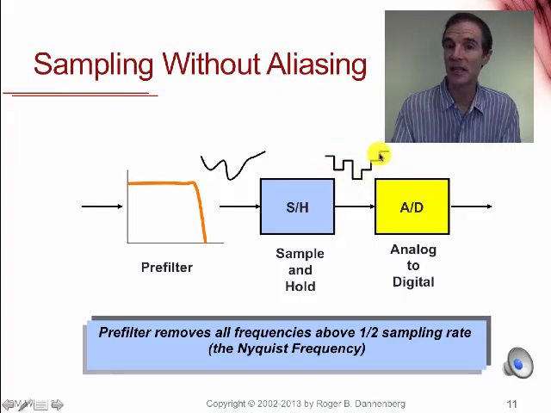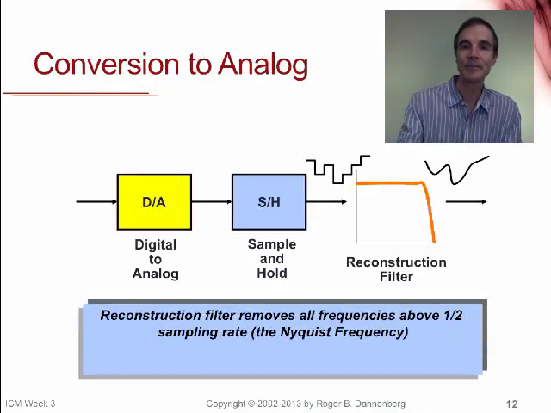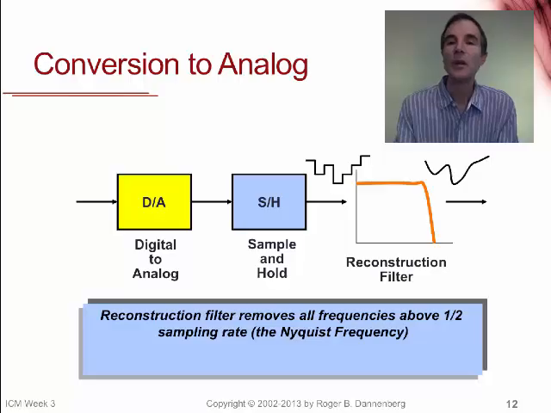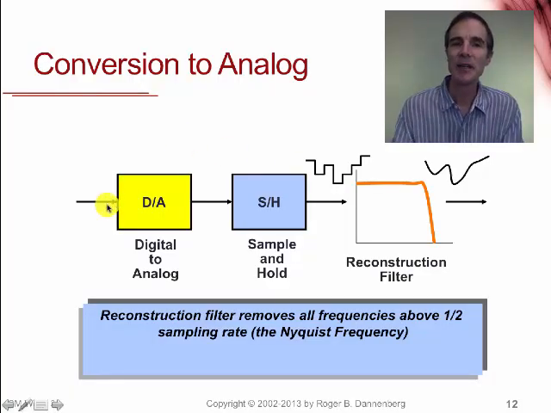So we get this stair-step function, and during each of these quiet periods when the signal is not changing, we use an analog to digital converter to measure the voltage and output it as a digital signal. When we go to convert back to analog, we do almost the same thing in reverse.